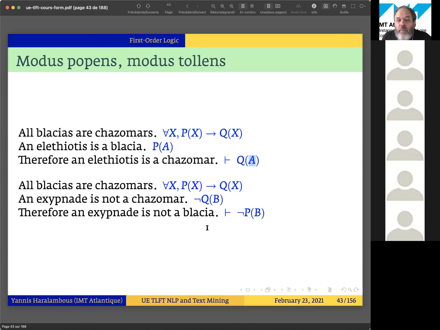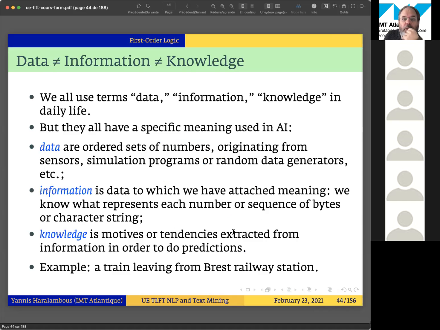And same thing here. I have not QB, and this implies not PB, because if I had PB, then I would also have QB. And this is what we are going to do. We are going to formalize reasoning by using this formalism of first order logic.